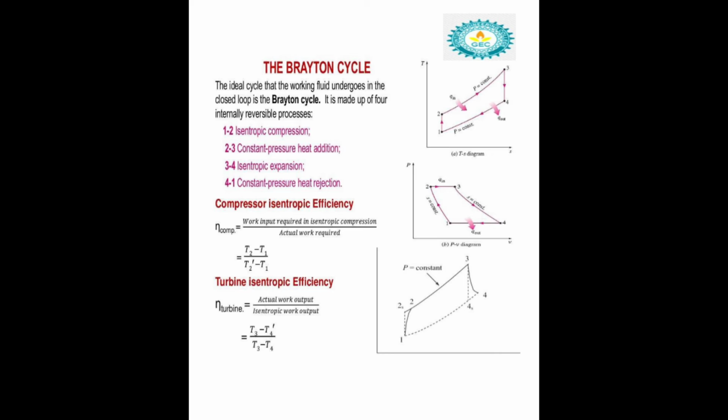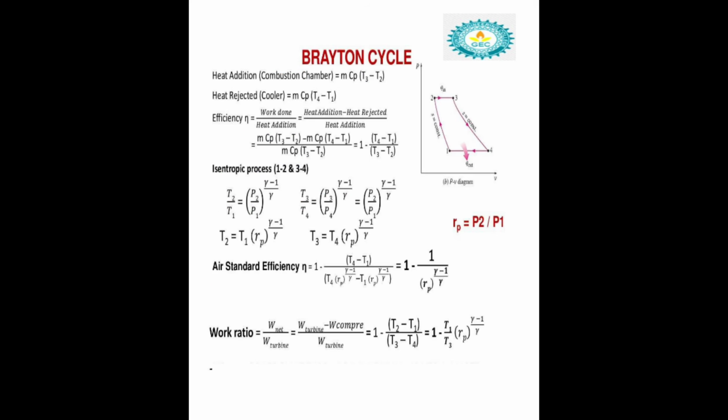Now you have to calculate the efficiency of the turbine. The efficiency of the turbine is the ratio between actual work output to isentropic work output. Efficiency of the turbine is equal to T3 minus T4 dash divided by T3 minus T4. Then cycle efficiency is the ratio between output and input.